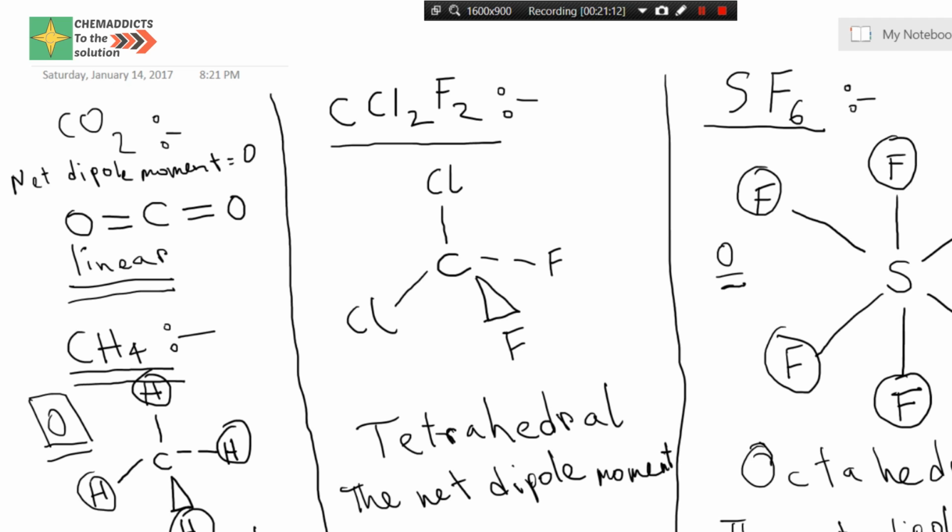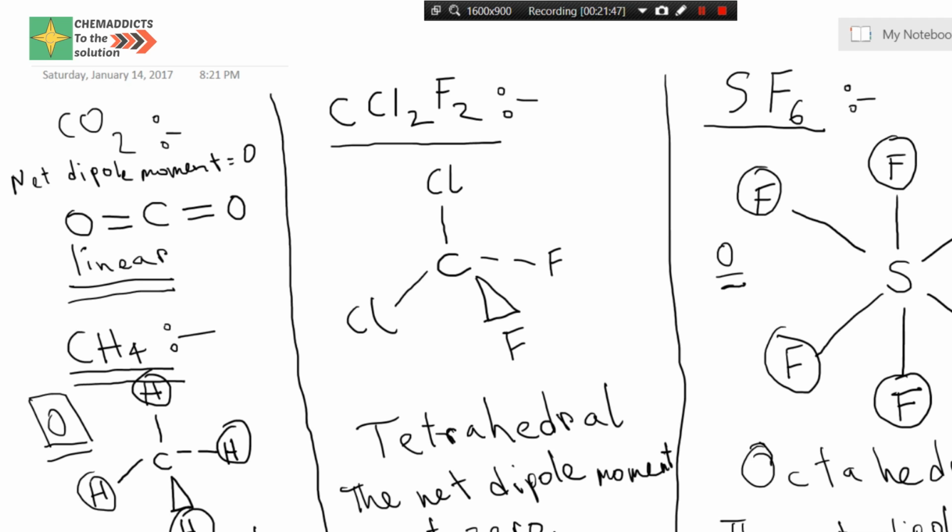Though the shape is tetrahedral, the net dipole moment wouldn't be 0, since different atoms are attached to this center carbon atom. That makes the difference.